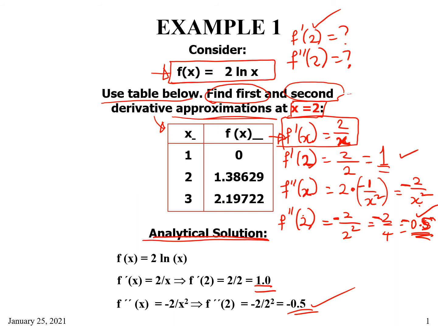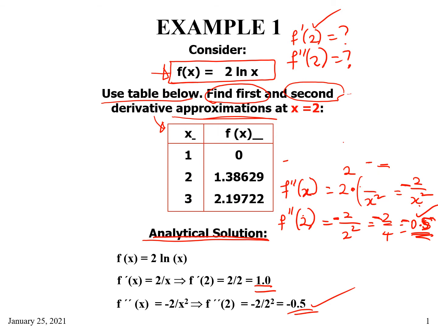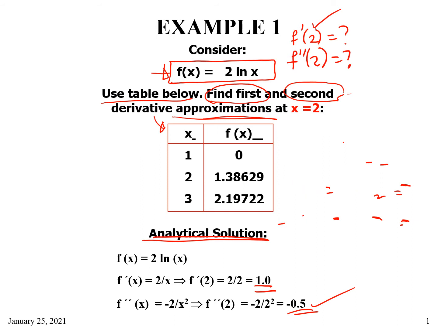Now we're going to solve the same problem, but using a numerical method. So we're going to use the finite differences we just learned in previous videos. We've already been given a table of 3 points, and you remember we were given 3 points in the discussion.